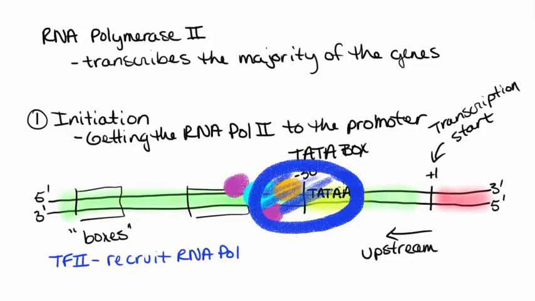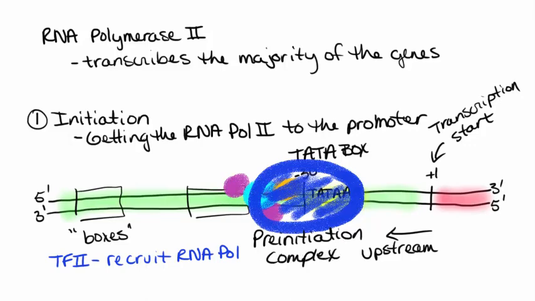So RNA polymerase then is going to come over here as well and join, and once we get all of these together assembled on the DNA, that is what we call the pre-initiation complex.